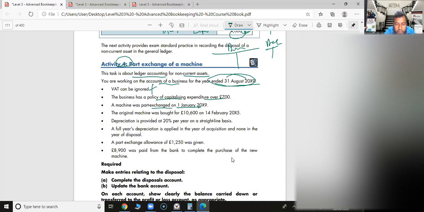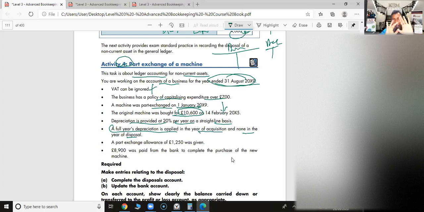So we need to take into account the original machine was bought for 10,600 in February 2015. 15, 16, 17, 18, and 19 we sold it, isn't it? Depreciation is provided at 20% straight line. Look at this clause: a full year's depreciation is applied in the year of acquisition and none in the year of disposal.